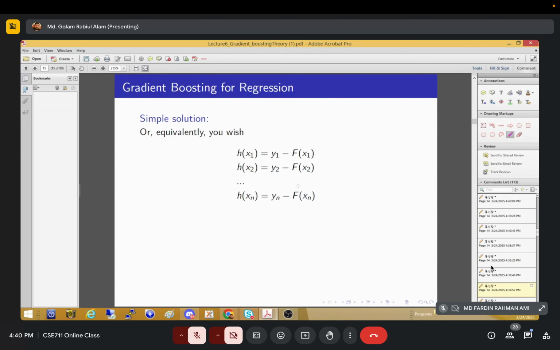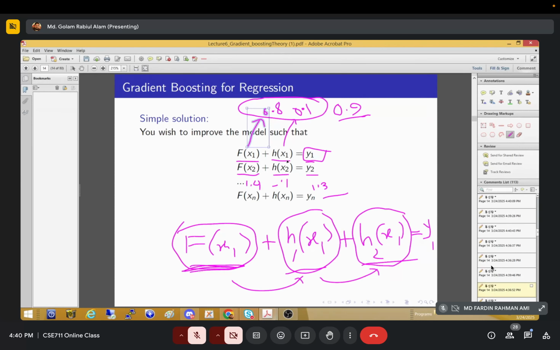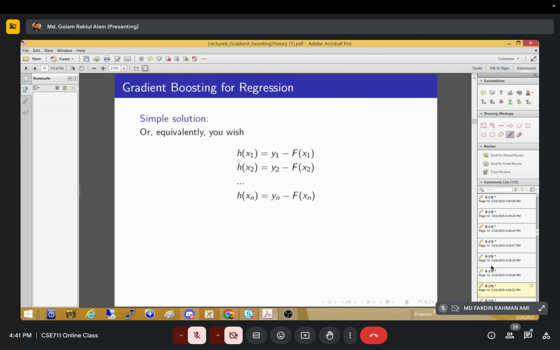So if we can see that f of x1 plus h of x1 equals y1, then what can we write? We can write h of x1 is y1 minus f of x1. Okay, y1 minus f of x1, and that's what we have already calculated.